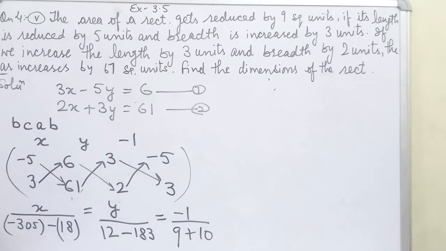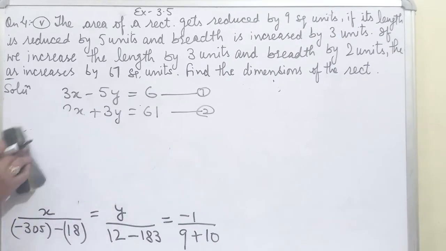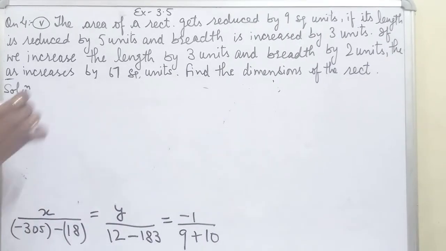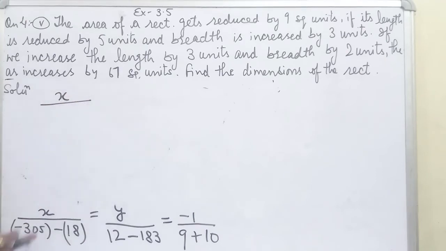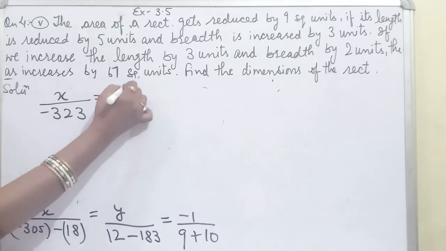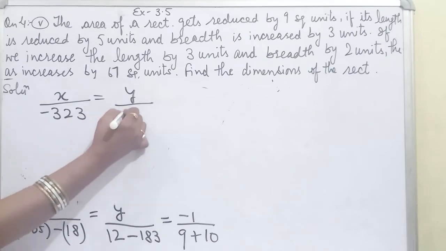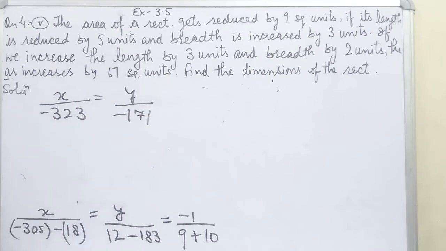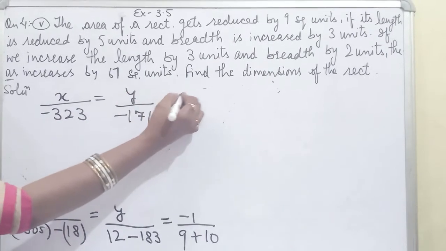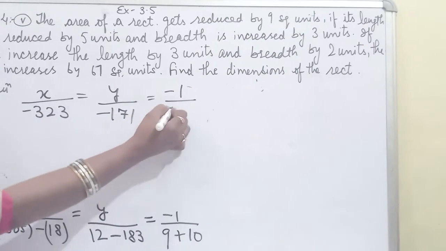So now we will write it again. x upon, what will be the answer of these two? Minus 323. y upon minus 171. Very good. And it is equal to minus 1 upon 19.